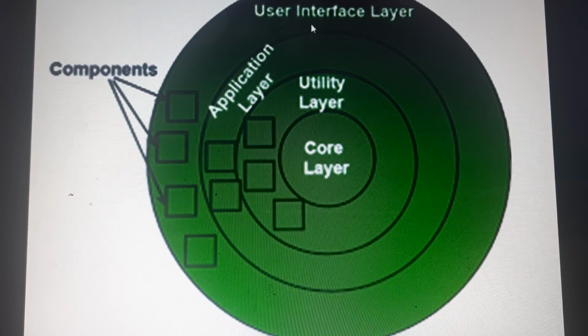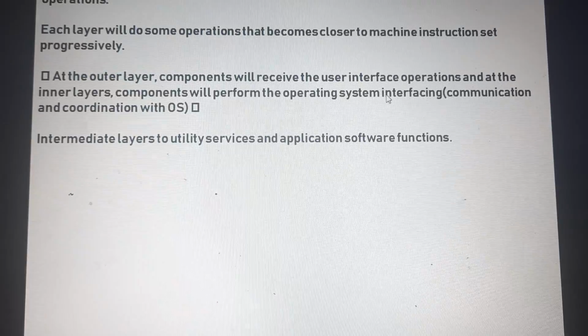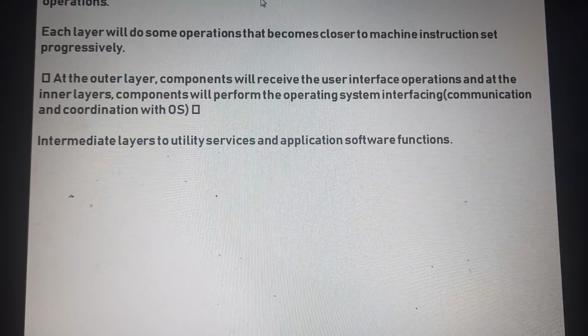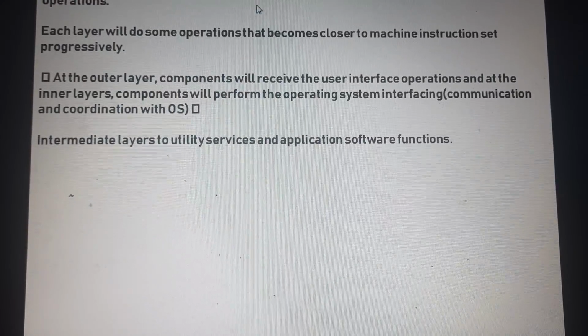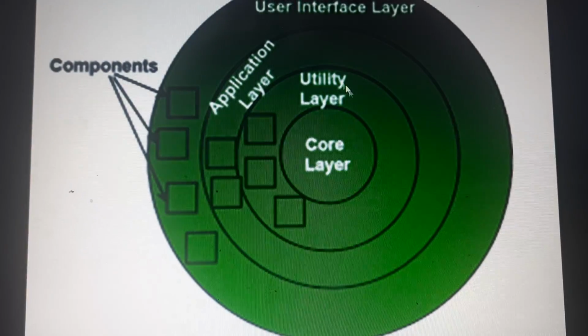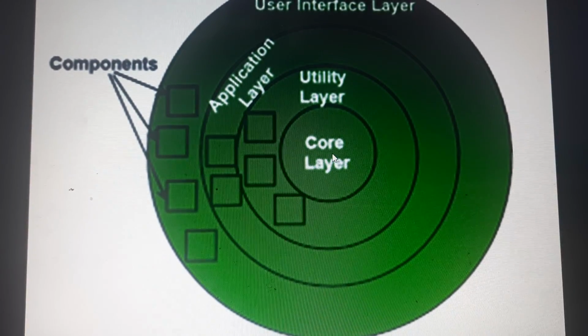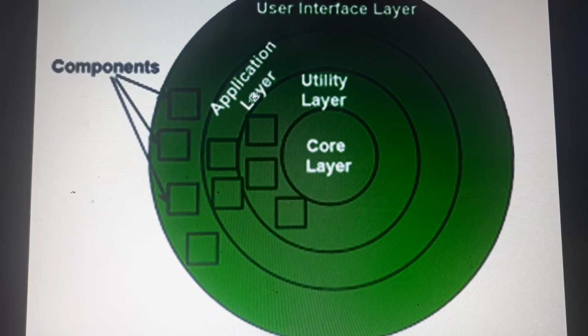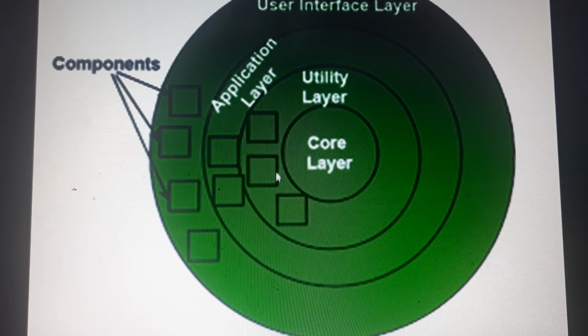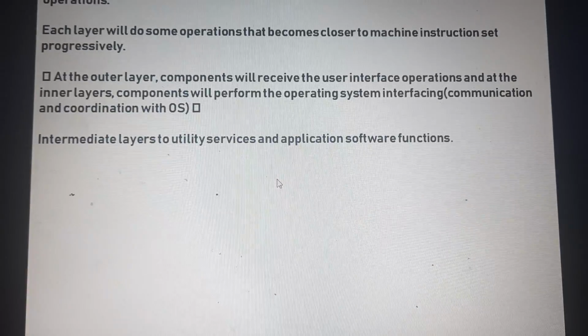A number of different layers are defined, each performing a well-defined set of operations. Which means the core layer will have its function, the utility layer will have its function, and the application layer will have its function.